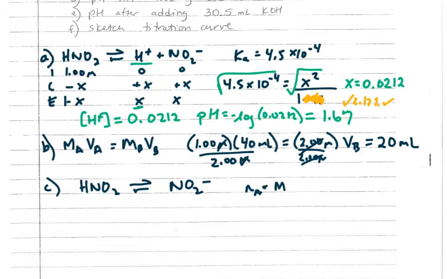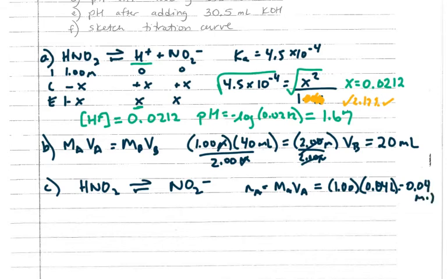That's going to be the molarity of the acid times the volume of the acid. The molarity is 1.00 times the volume, 0.04 liters. So we get 0.04 moles of the acid.